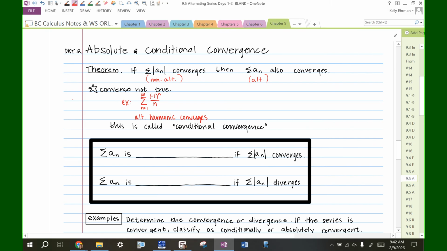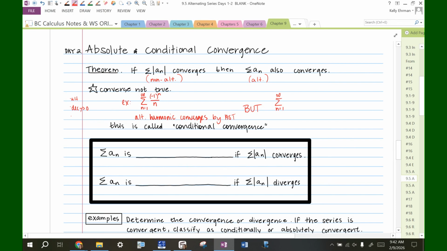If a series is alternating, the terms are decreasing to 0. Well, I guess that's both. The terms are decreasing and they're approaching 0. Then the series converges. So this converges by the alternating series test. But just because the alternating version converges doesn't mean the non-alternating converges as well.